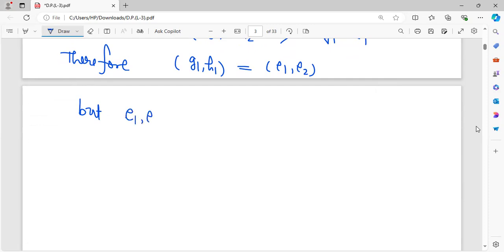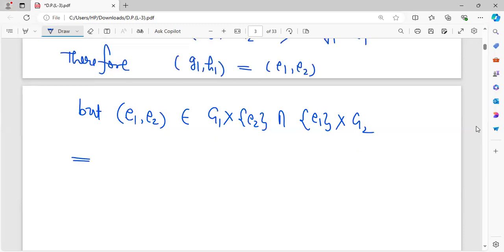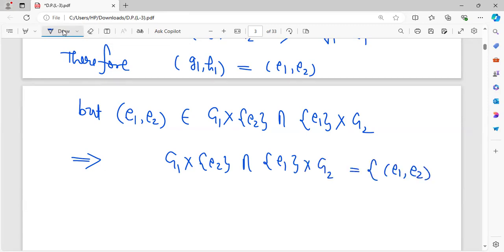But (e1, e2) belongs to both the subsets. So this implies G1 × {e2} intersection {e1} × G2 is equal to {(e1, e2)}.